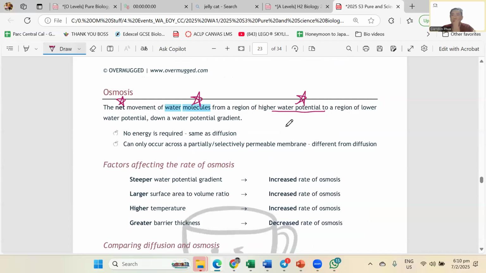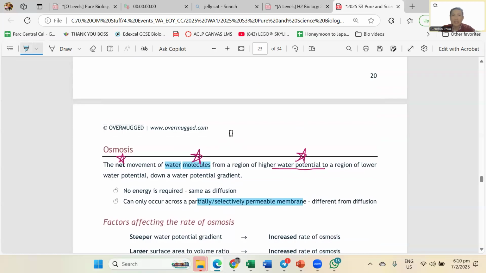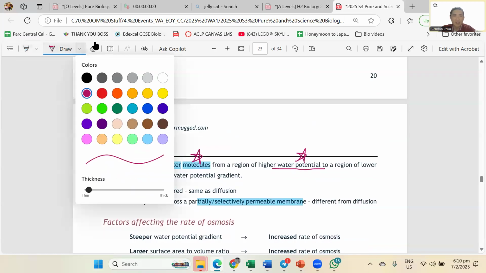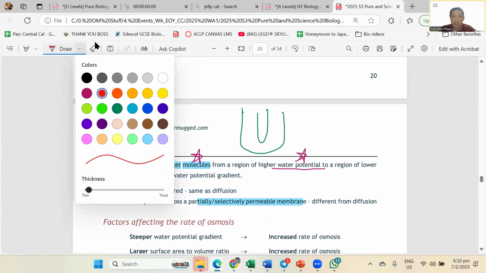Now, osmosis compared to diffusion, what's the main difference? Okay, this one needs a partially permeable membrane. Why? Diffusion doesn't need a membrane. Just remember, I fart, you sit so far also can smell. There was no membrane there. Okay? But for water, why do I need a membrane? Because you see, if I have a beaker of water over here, okay, I have my Visking tubing, and my Visking tubing inside here has stuff.